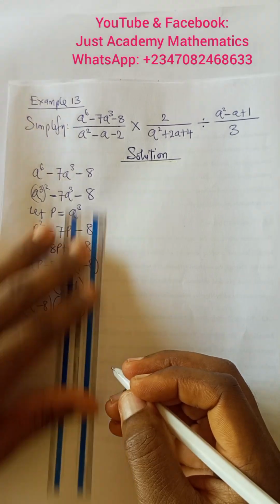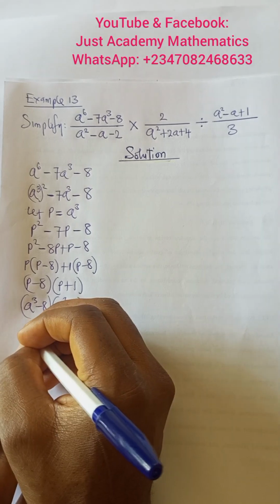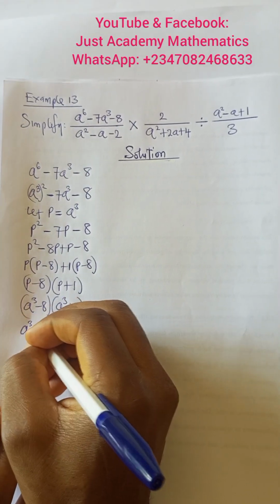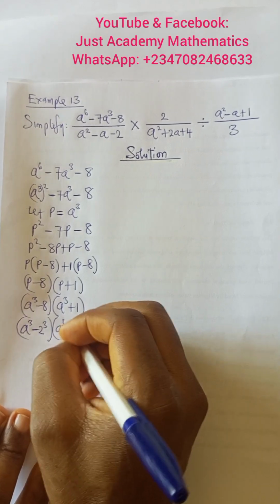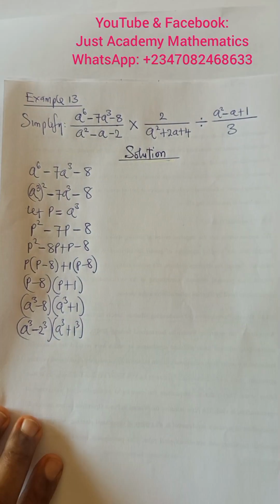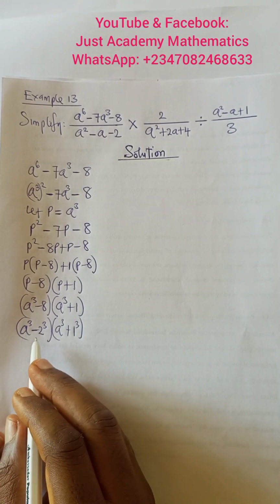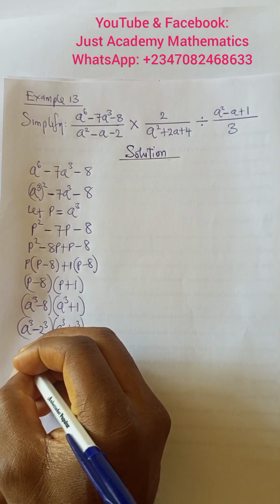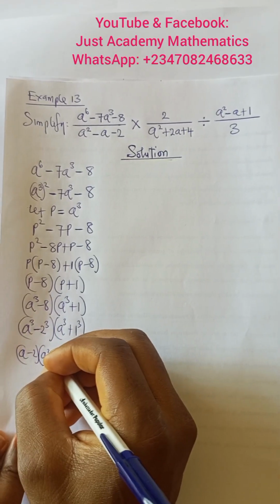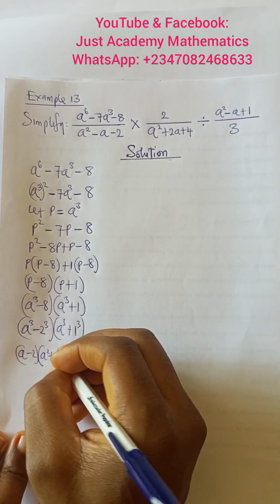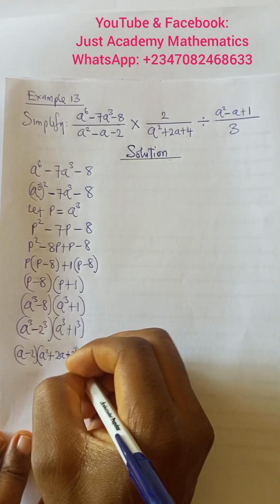Let me leave it for now. This one means a^3 minus 2^3 times a^3 plus 1^3. So these two use a long identity. The identity of the first means (a minus 2) times (a squared plus 2a plus 2 squared).